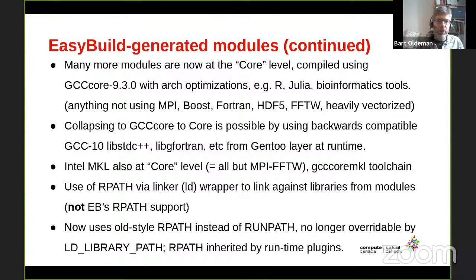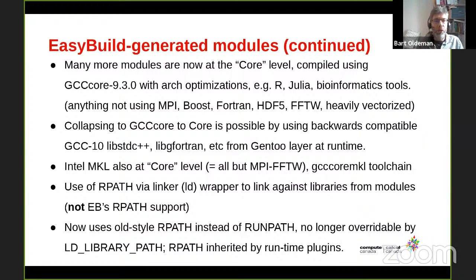And we even have that for things like R, Julia, many bioinformatics tools, basically anything that doesn't use MPI, Boost, Fortran, or FFTW, or is heavily vectorized and can benefit from the Intel compiler. We compile with GCC Core and it ends up in the core module hierarchy.